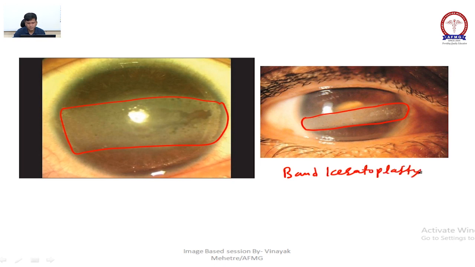It is a complication of uveitis. Just as I told you, what will get deposited in band keratopathy? It is calcium. Calcium will get deposited in band keratopathy.